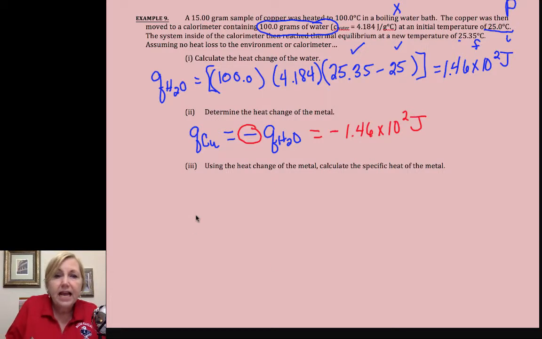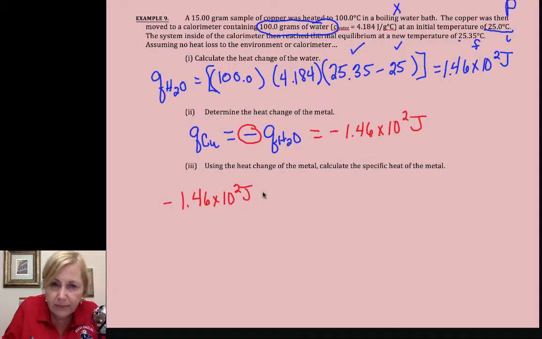Okay? Now, the question then says using this heat, so I have minus 1.46 times 10 squared joules, find the specific heat capacity of the metal. So now I'm going to do mcΔT again, but this time I have a different unknown. I know my mass of copper, it's 15 grams, but I don't know my specific heat capacity of the copper.